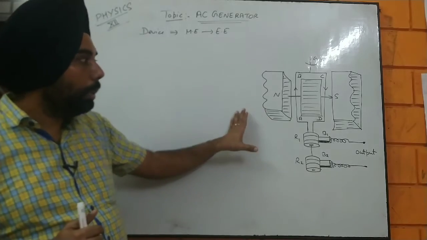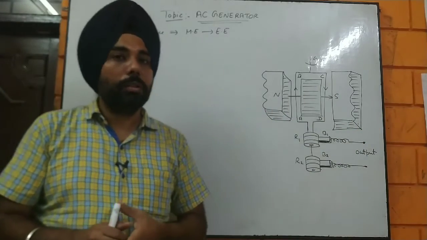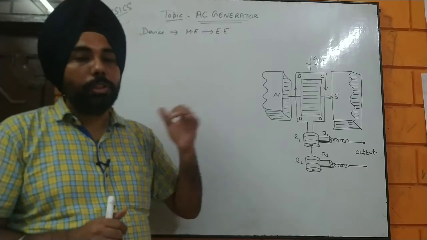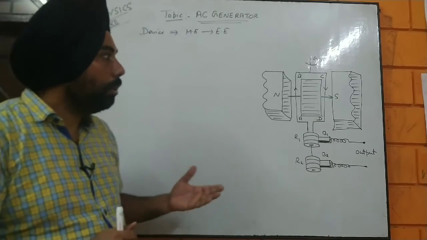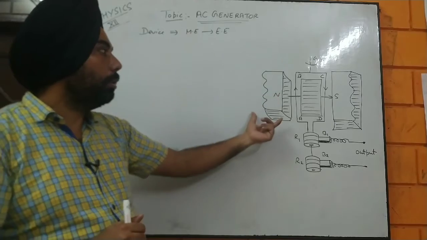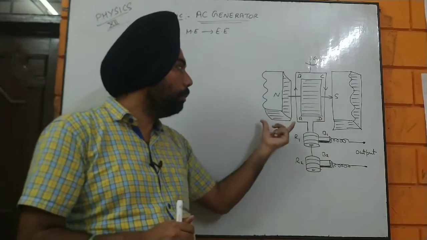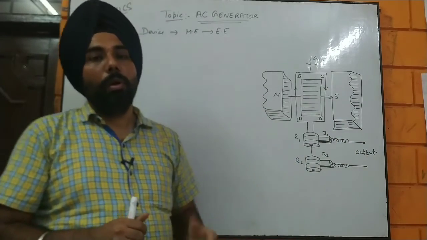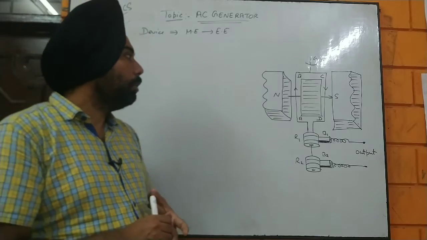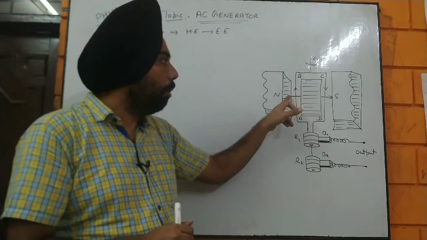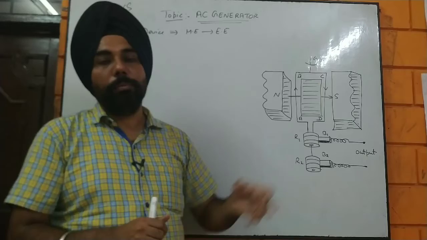That is the simplest diagram of a simple electrical part, or you can say generator. It includes two strong magnets, north pole and south pole. Obviously the lines are always going from north to south, as I have already shown in the diagram.